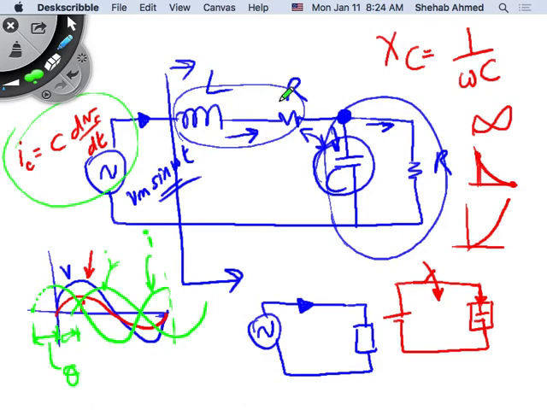But to reduce it to something like this, how do I take a generator and reduce it to something like this? And how do I take generators of different ratings and in different places in the power system and put them all together and build a small interconnected circuit this way?